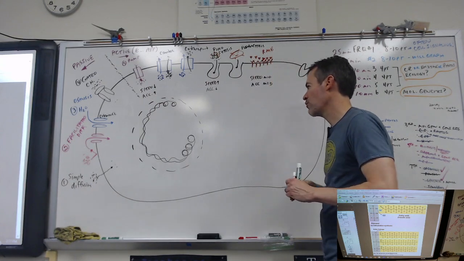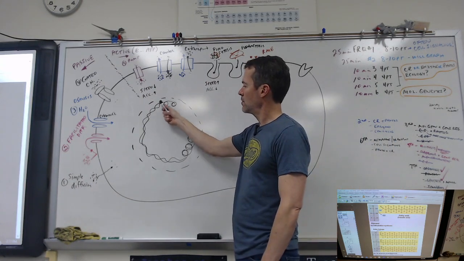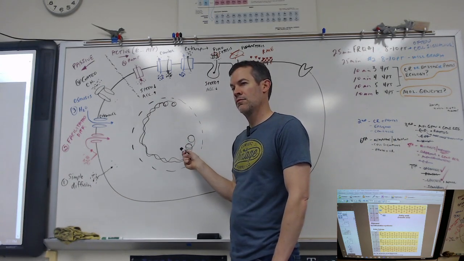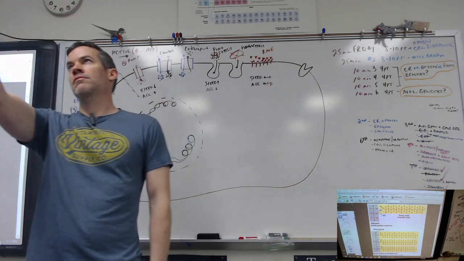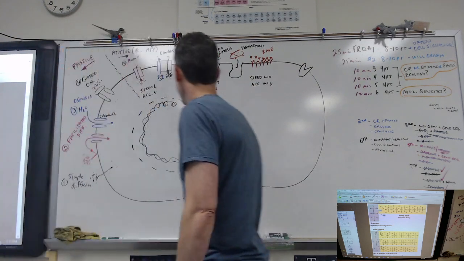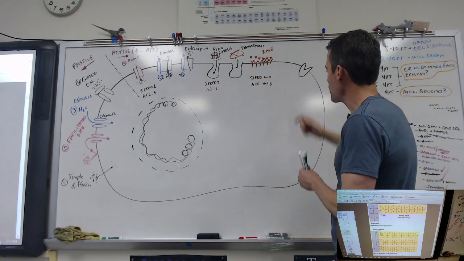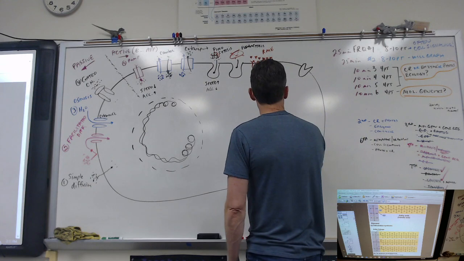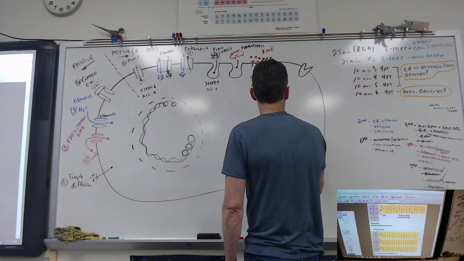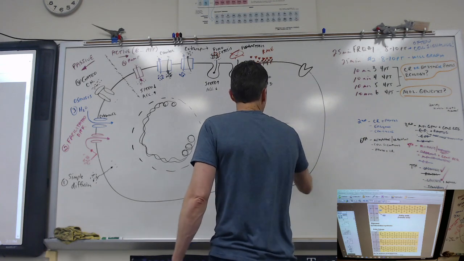Has been drawn the same way for years. C for cotton. All right, so I've got this receptor, but I can also have this receptor. Let me move that down here a little bit.